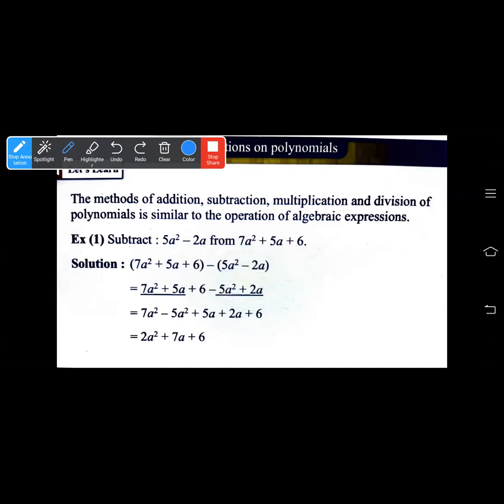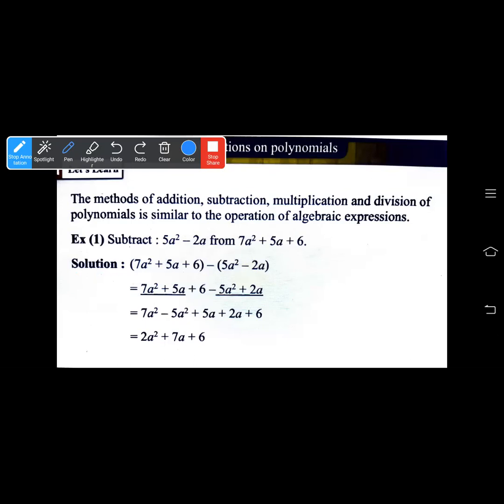So your solution is 7a square plus 5a plus 6 minus 5a square minus 2a. Both the polynomials should be written in brackets first. After that, you will open the brackets. The first bracket is written as it is, and when the second bracket opens, it changes its signs.